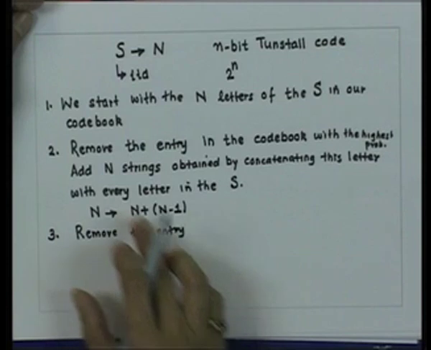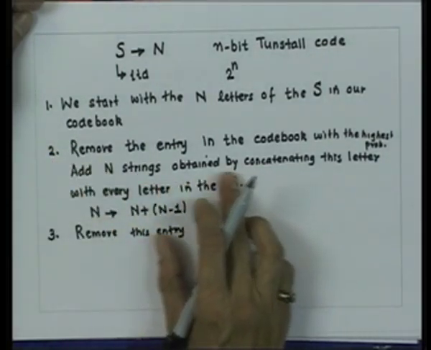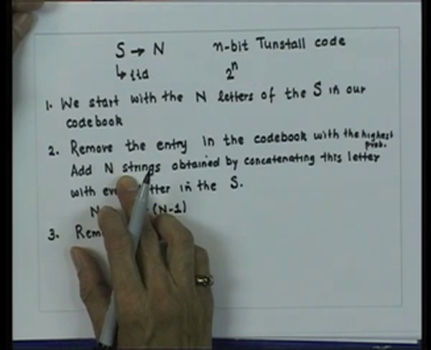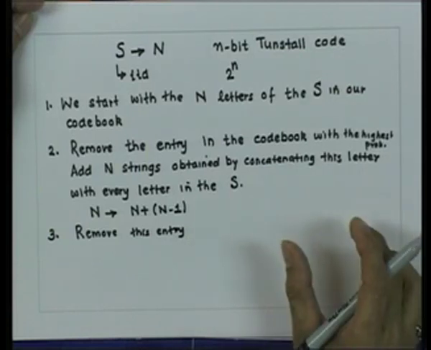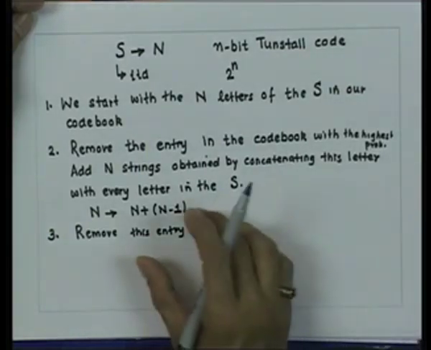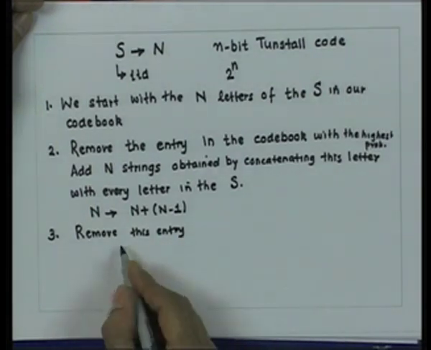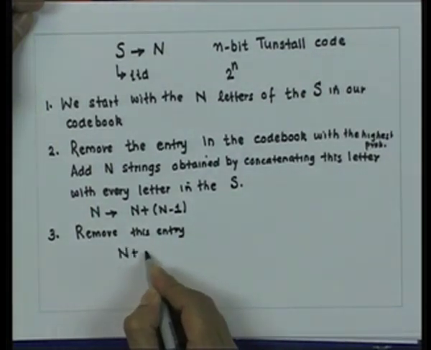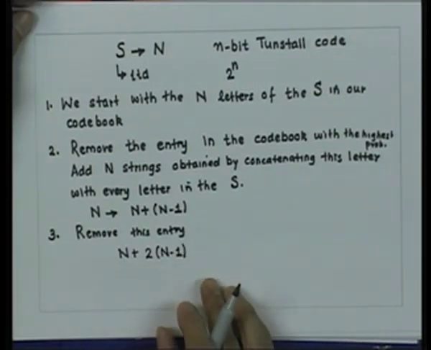So, again you repeat the same procedure of the step 2 of obtaining n strings by concatenating the letter which we are removing from the code book. So, now the size of the code book will become n plus 2 n minus 1.